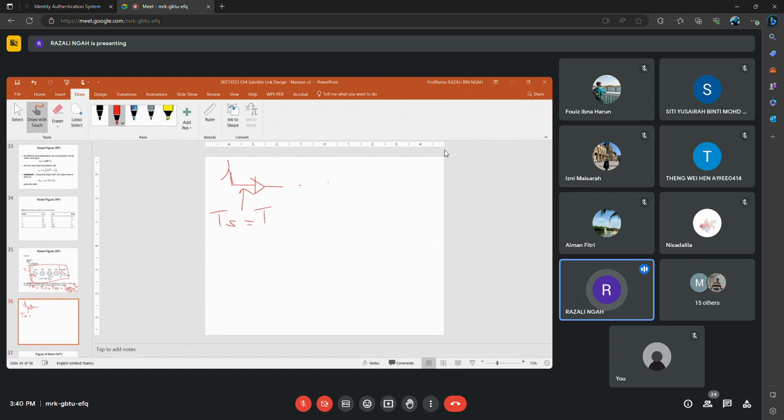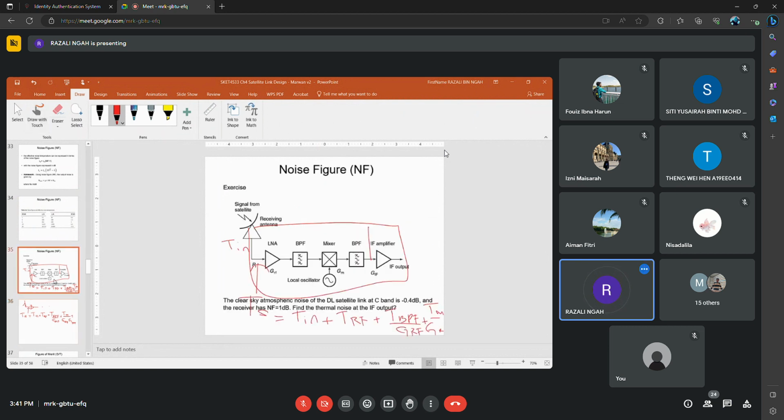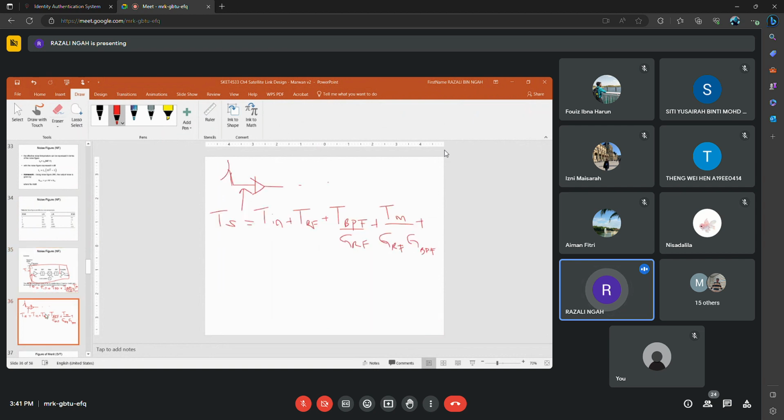We have T in plus TRF plus T band pass filter divided by GRF, plus TM over GRF multiplied with the G band pass filter, plus the next one, another band pass filter.